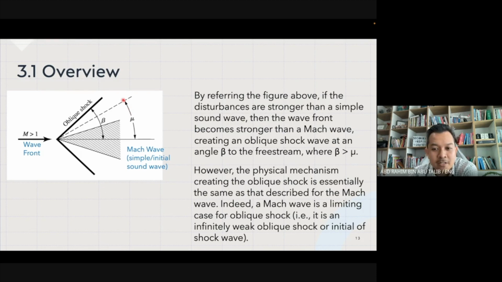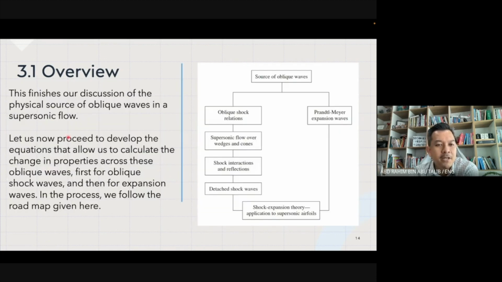This is the least it can be. It is called the infinitely weak oblique shock, and what we have created here is basically a much greater angle for the oblique shock. So this finishes our discussion of the physical source of the oblique waves in a supersonic flow.